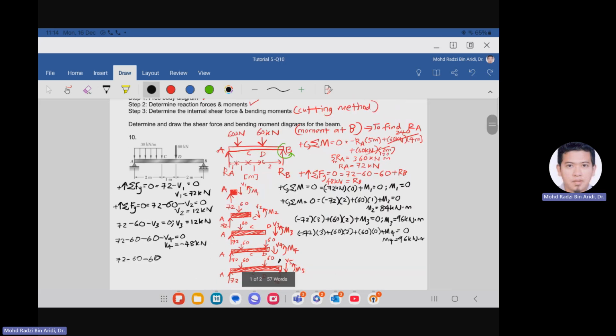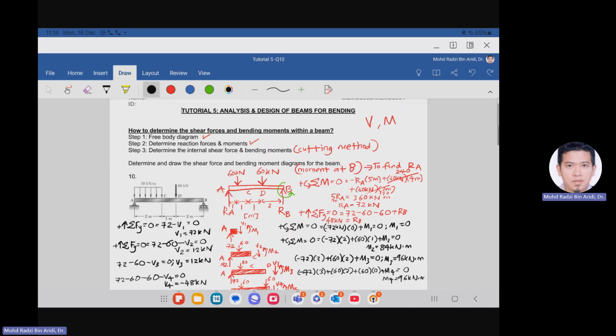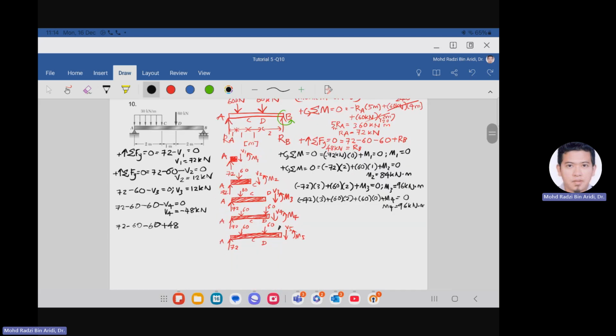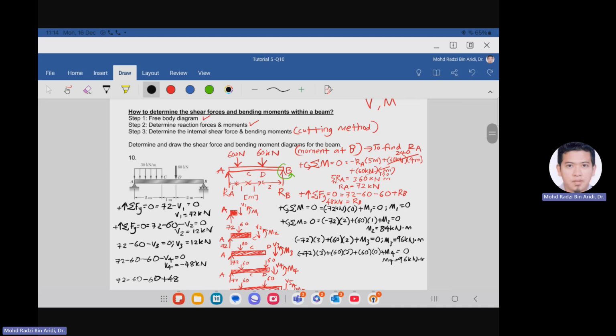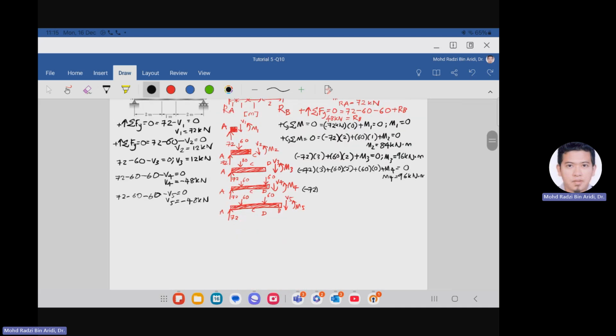And the final cut, we are going to consider before B, so the 48 kilonewton is not actually included. So I will clear the 48 kilonewton here. As a result, we can find our V5 equals negative 48 kilonewton by taking 72 minus 60 minus 60 minus V5.